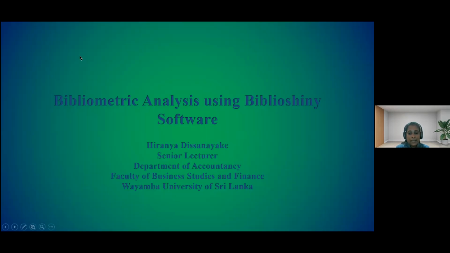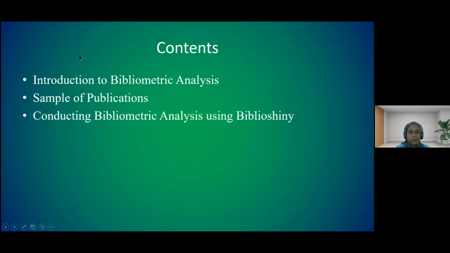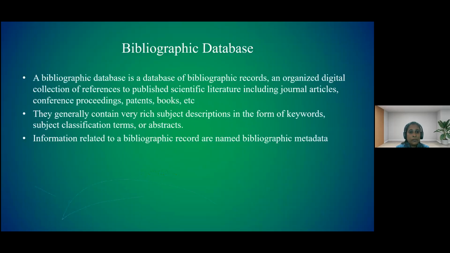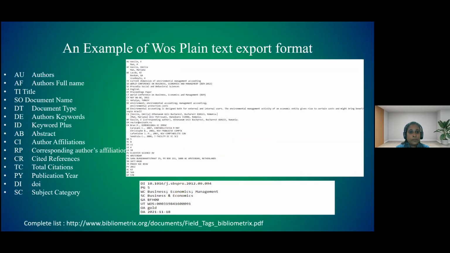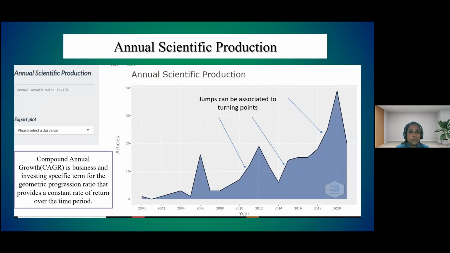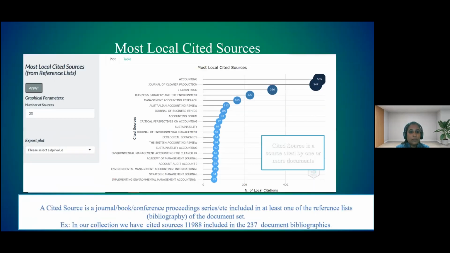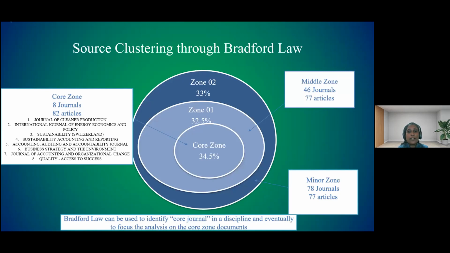Okay, then you can see here, we can identify 3 clusters based on the Bradford Law. You can see 8 journals publish 82 articles.